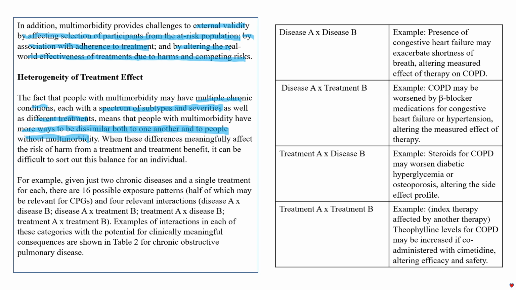For the treatment A against disease B, the provided example states that steroids for COPD may worsen diabetic hyperglycemia or osteoporosis, altering the side effect profile. And for treatment A and treatment B, the example provided states that the index therapy is affected by another therapy, theophylline levels for COPD may be increased if co-administered with cimetidine, altering efficacy and safety.